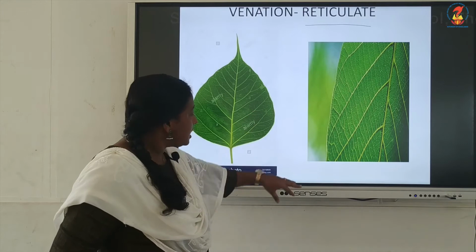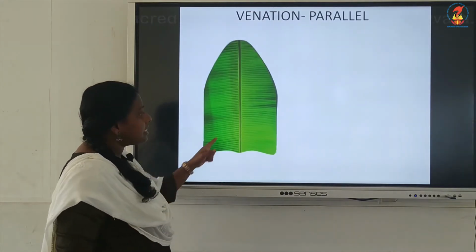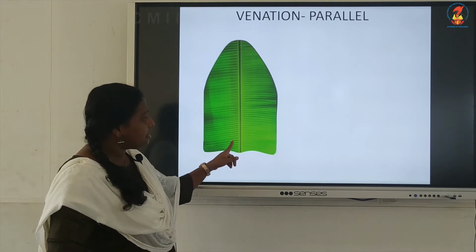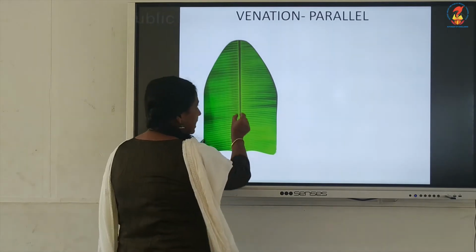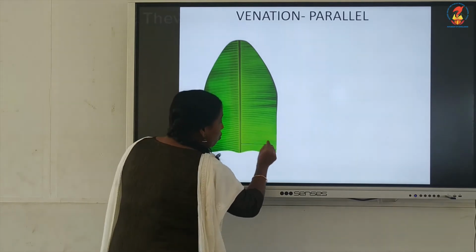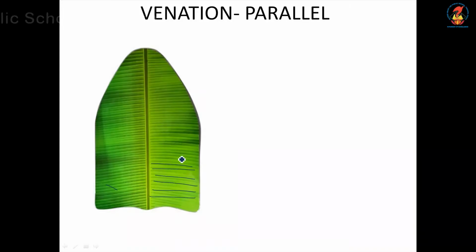So next pattern, just see this diagram, it's a leaf of a banana plant. Just observe here, the midrib is in the center, whereas all other veins are arranged one below the other. Can you see like this? They are arranged parallel to each other. Such an arrangement you call it as parallel arrangement of veins.